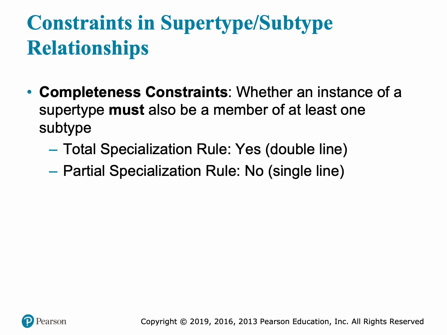Without this constraint, there could be confusion about an employee's role and responsibilities. This constraint helps maintain the logical separation of different job roles within the healthcare facility. So hopefully this has given you some understanding of why constraints in supertype and subtype relationships matter.